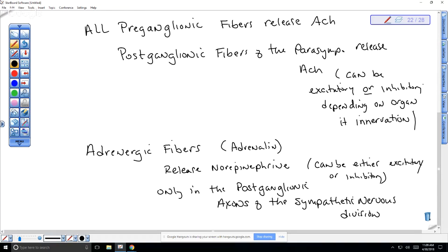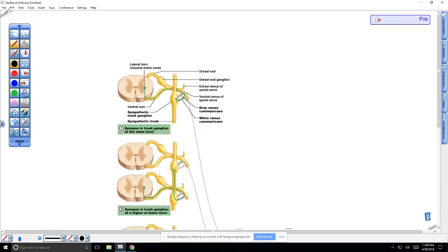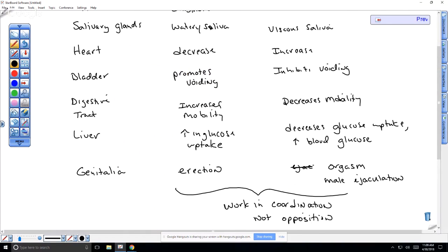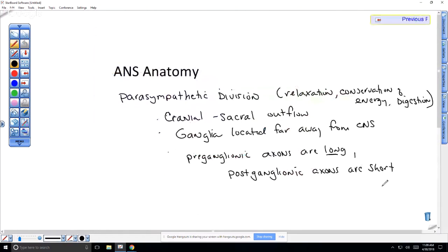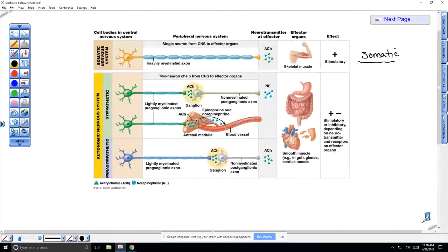So I just want to show you this image again. This is the one image I showed at the very beginning, which has all of the really cool stuff going on in it. Okay. So this has all the information that we talked about. So ACH, acetylcholine. This is a big C, a big A, big C. Always write it out on the test.